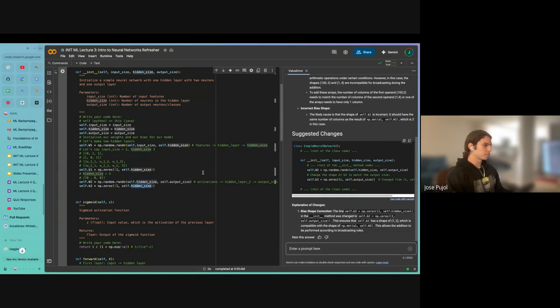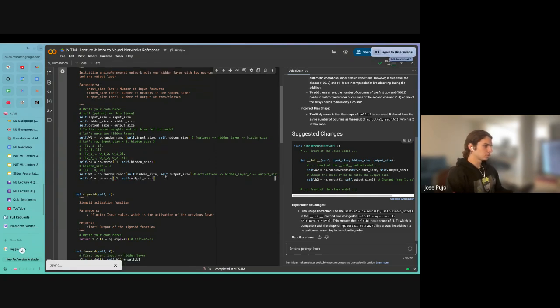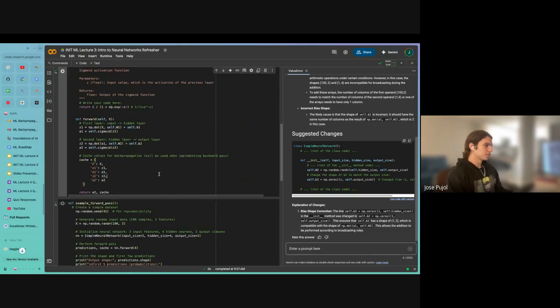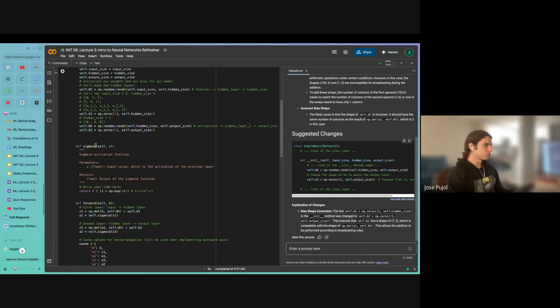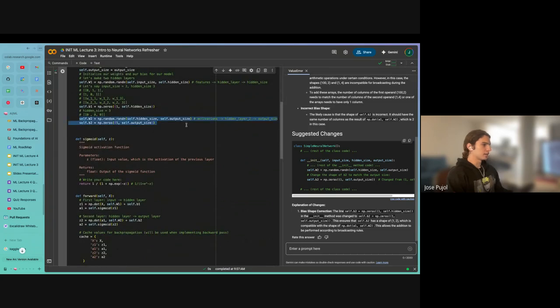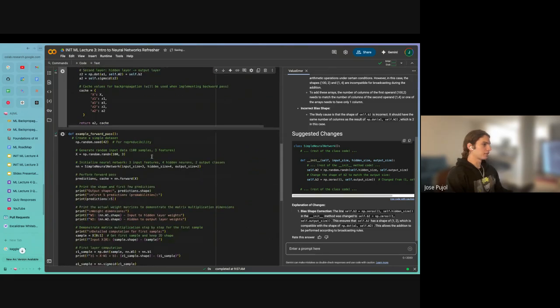Oh, sorry. It's right here. It's supposed to be output size. Whoops. Is that the difference? That is the difference. Apologies. W2 here is our last hidden layer, which is our output layer. My bad. There we go.